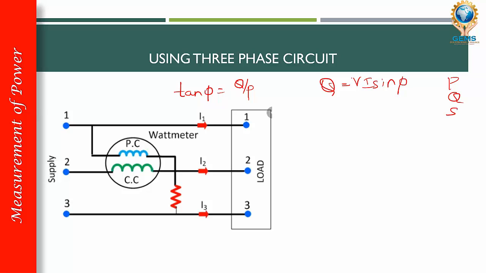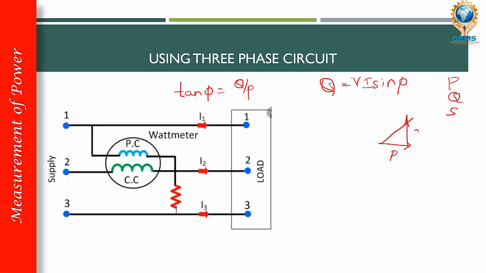So what is active power? Active power does work and it is in the real axis. If we take a diagram like this, this portion is the active power which lies in the real axis. And reactive power does not work and it lies in the imaginary axis of the vector diagram.